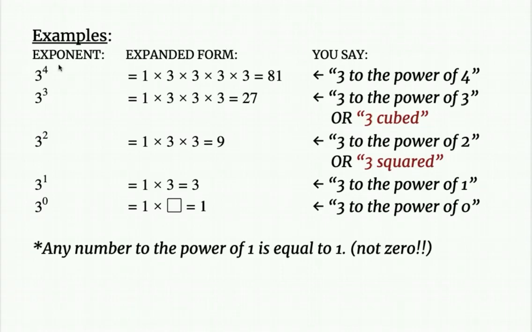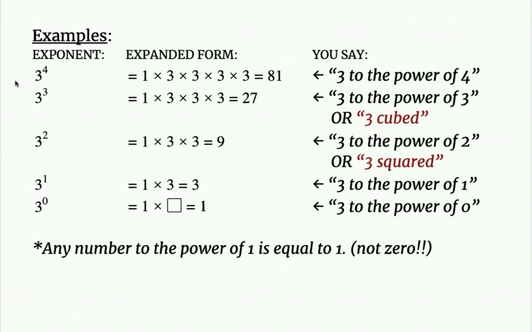Alright, so we have the exponent, then the expanded form, the answer, and how you actually pronounce or say the exponent. This is a base number of 3 and a power of 4. You say 3 to the power of 4, or you can also call this 3 to the 4th power.